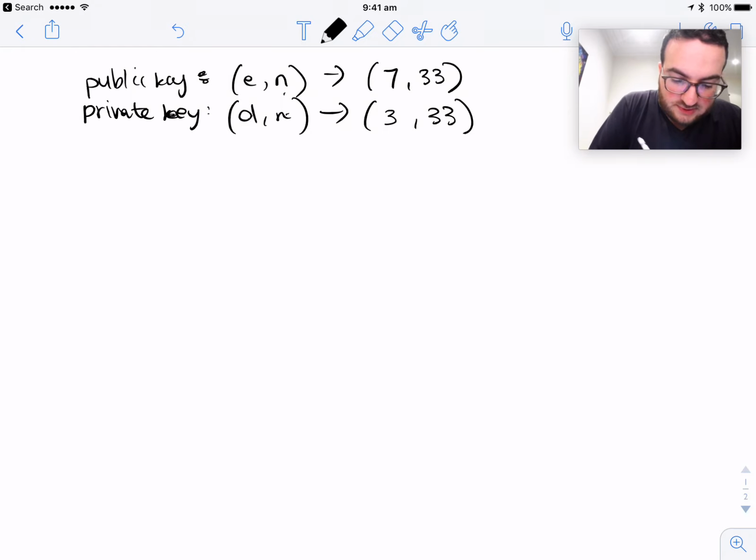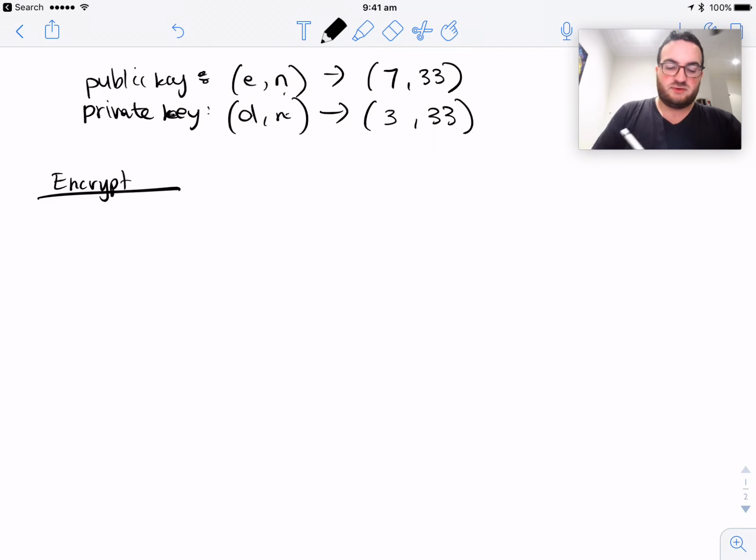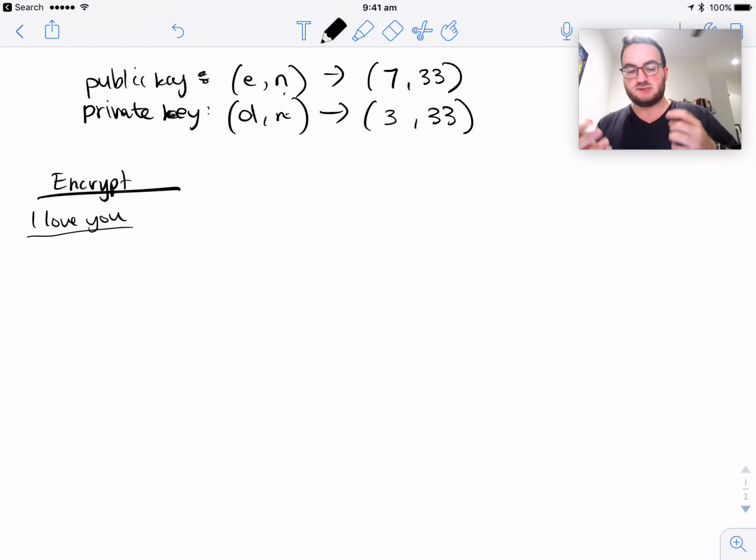So to encrypt a message, let's say you have the message, I love you. Normally you treat this entire message as one number. You might give each of the letters a particular number and treat the whole thing as one massive number.